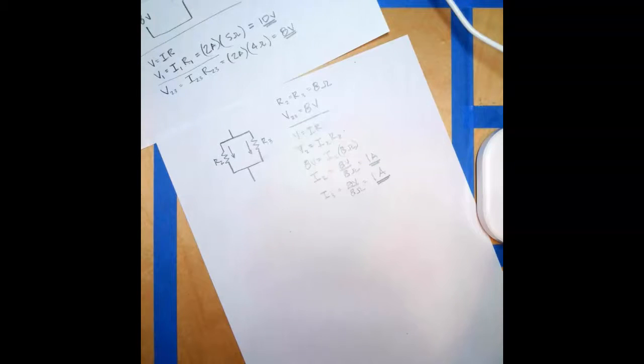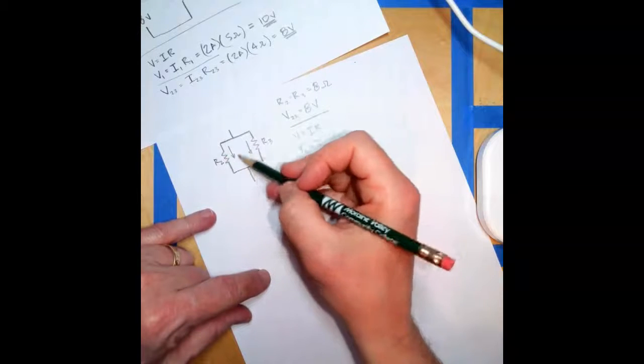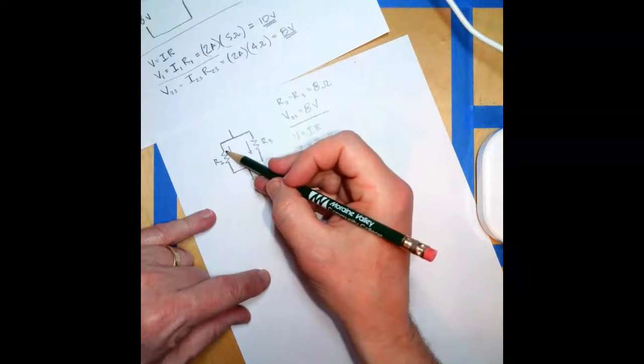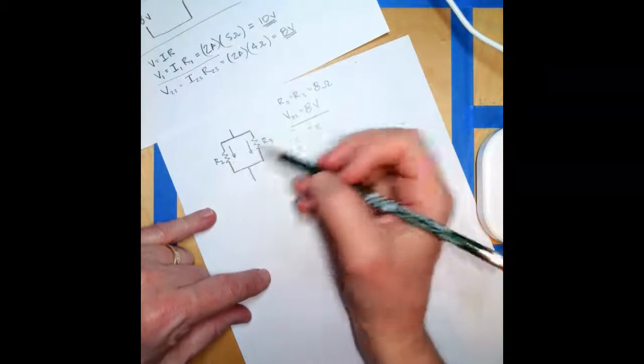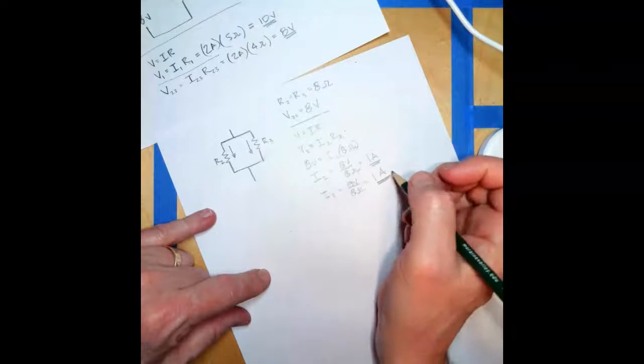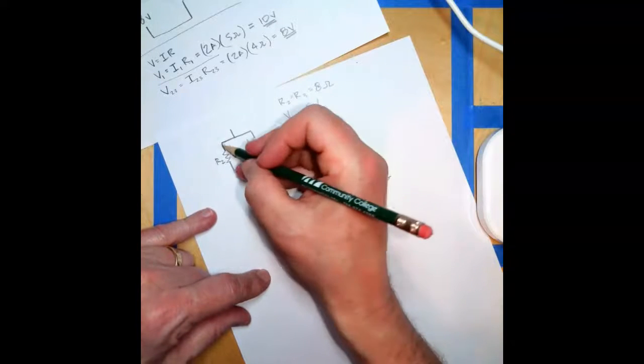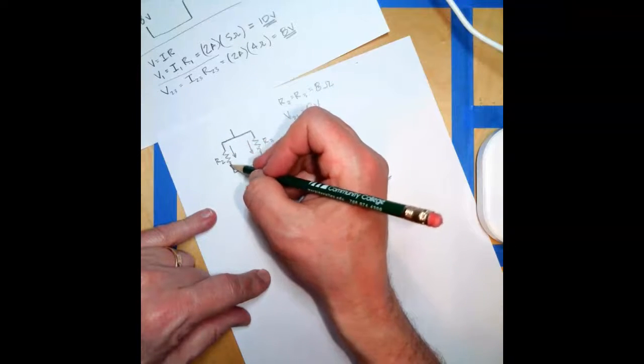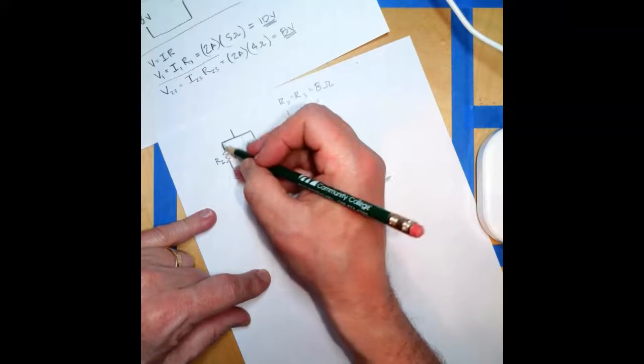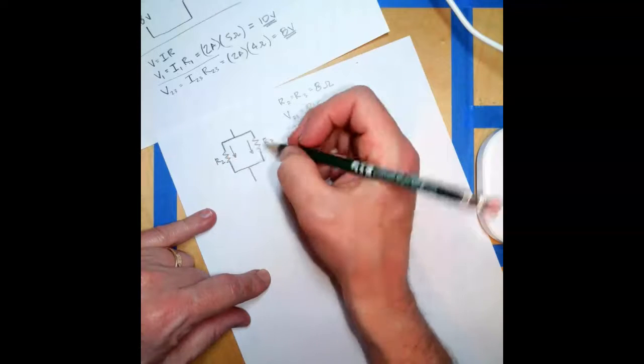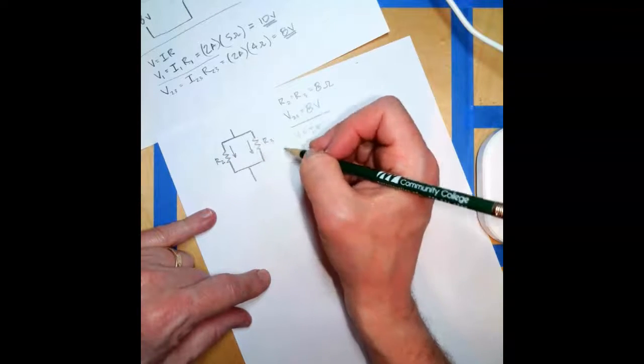It might be easier to think of voltage drop as the amount of work that's required to push a current through a resistor. In each one of these examples, we need 8 volts to push the current through this resistor, and 8 volts to push it through this resistor.